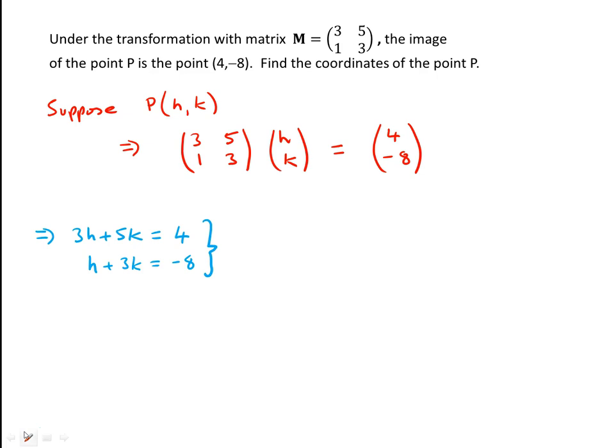So we've got a pair of simultaneous equations. Solving these equations using normal methods, or indeed by using your calculator, we obtain H equals 13 and K equals minus 7. So the point P is the point 13, minus 7.